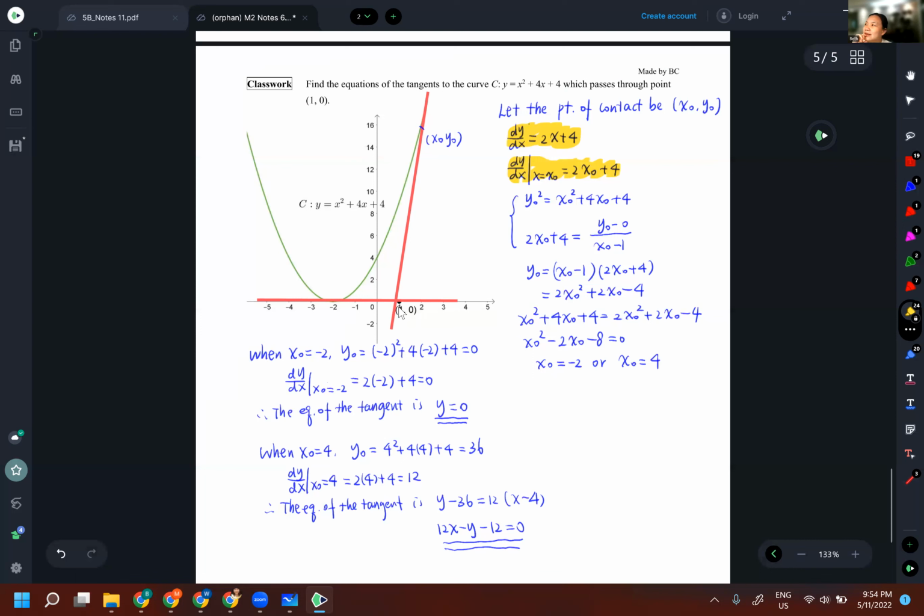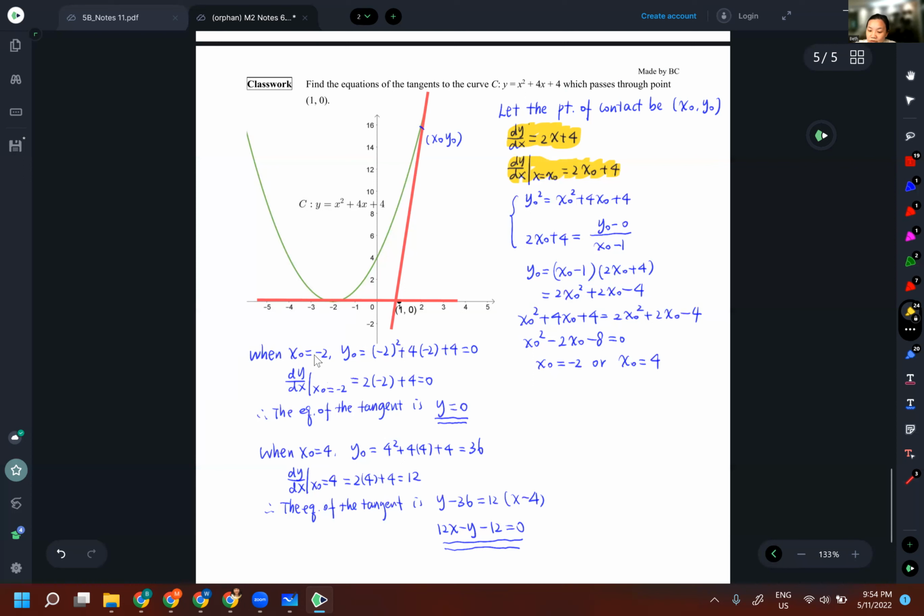In the compulsory part, we call this tangents from external point, in the lesson on geometry of the circle. This is also tangent from external point. So 2 of them.